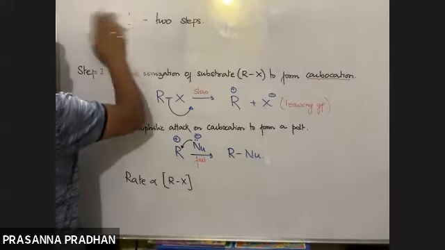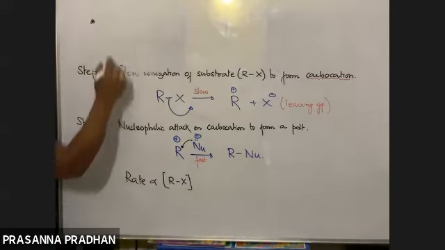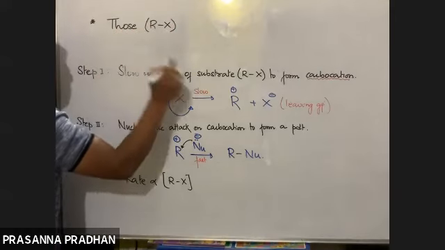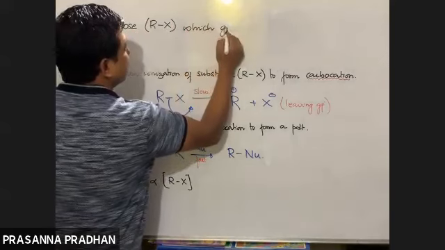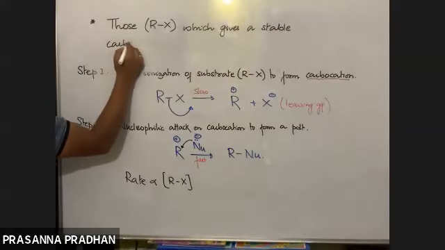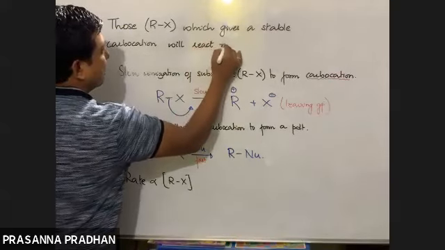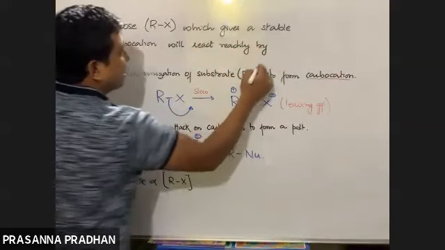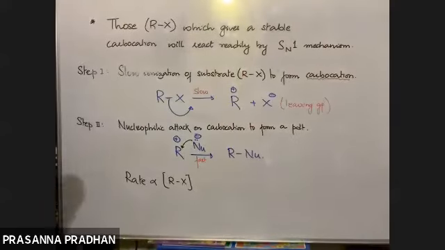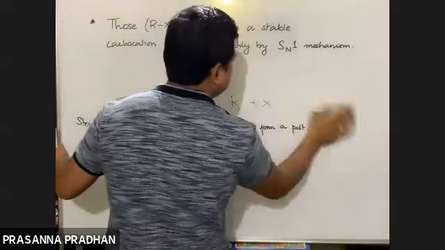Remember, a carbocation is formed, and those alkyl halides which give a stable carbocation will react readily by the SN1 mechanism.